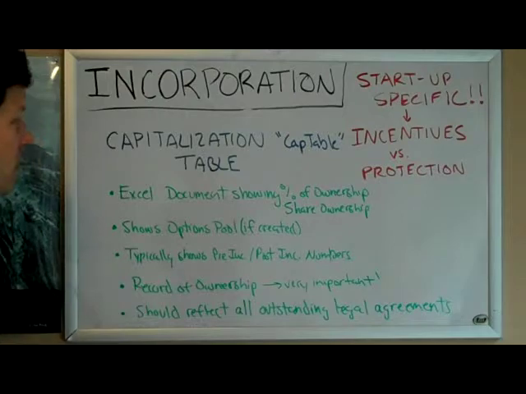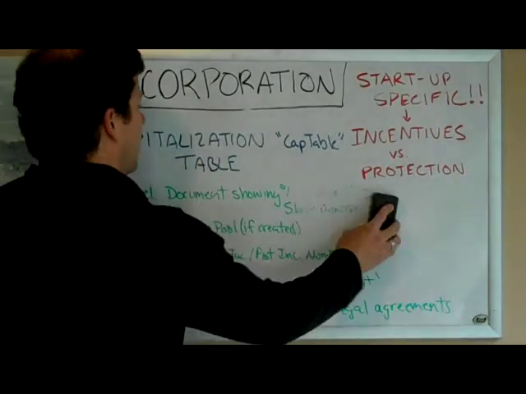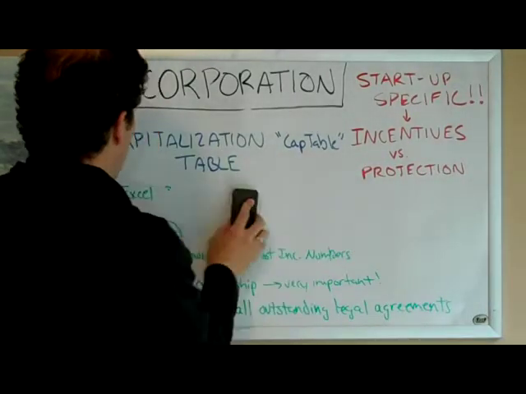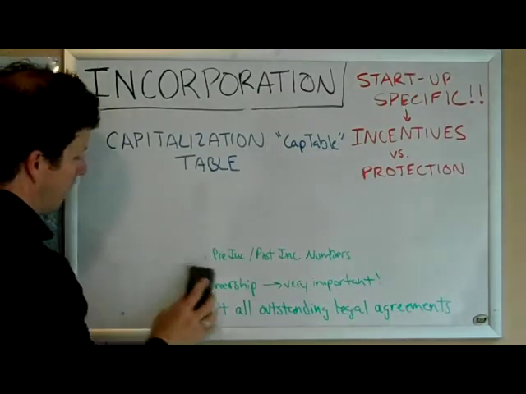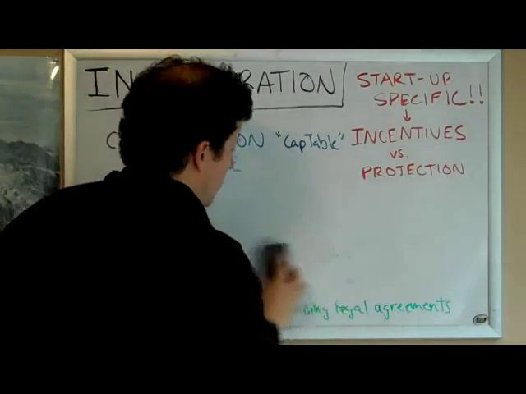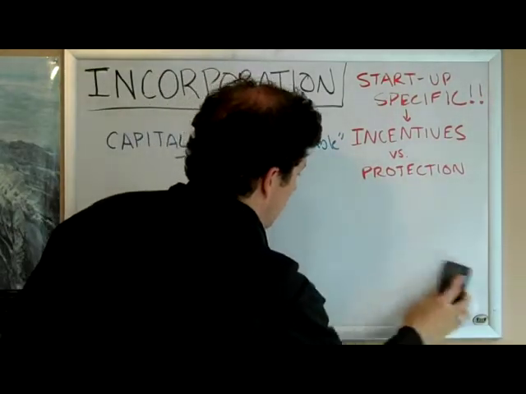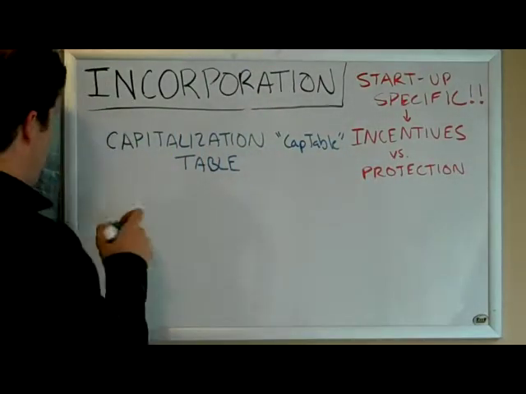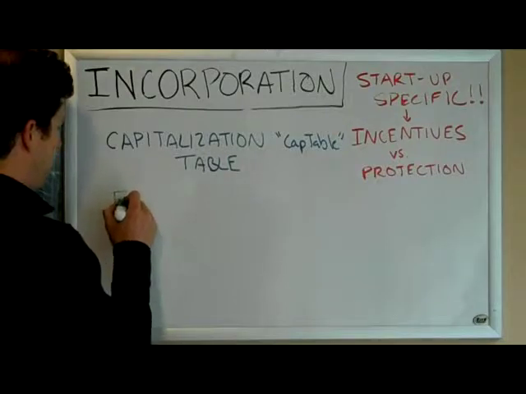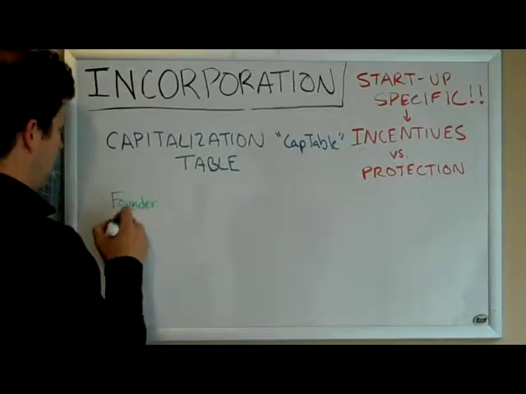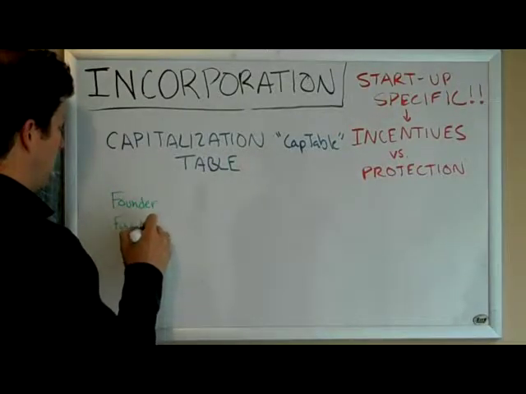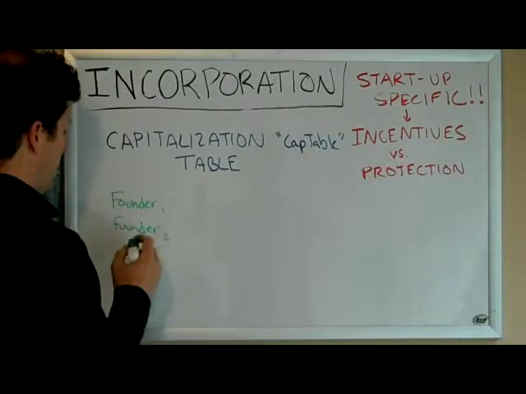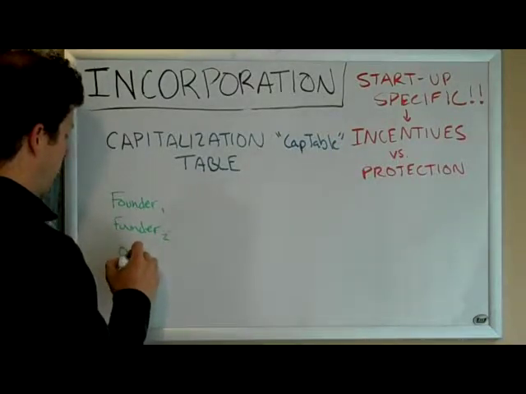But that's essentially what this does. So really quickly, let's talk about what a cap table typically might look like, and then we'll talk about a bad outcome or a good outcome associated with you keeping track of your cap table. So we mentioned that there would be founder number 1 in this company, founder number 2 in our example company, and the options pool.